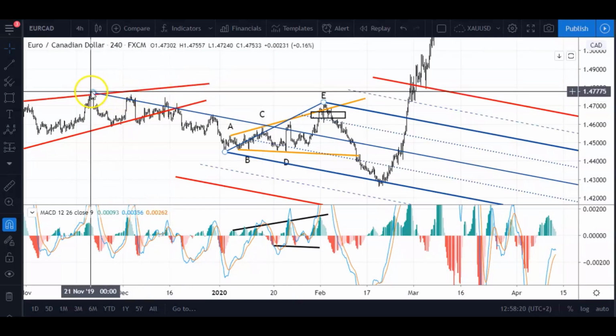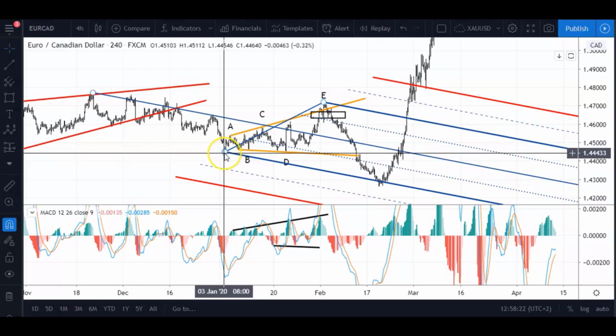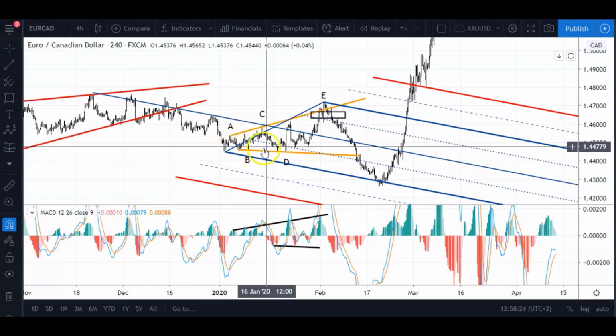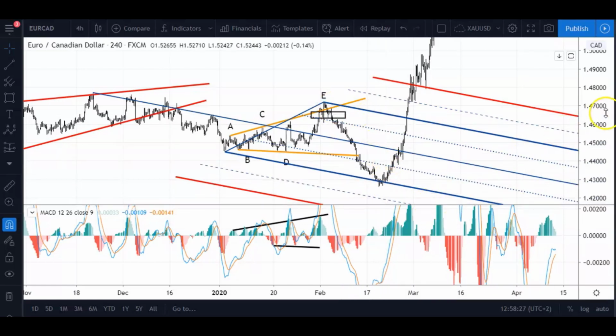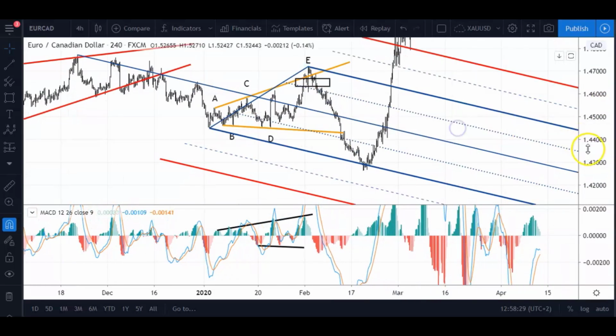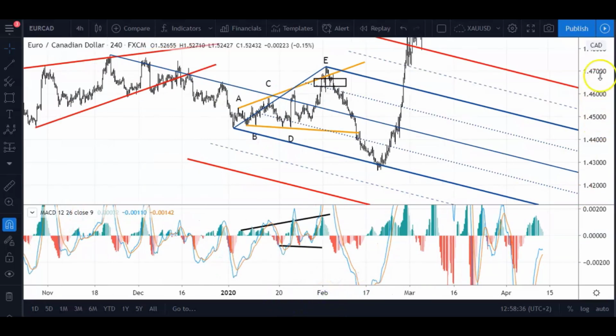In this case, a previous high followed to the origin of where your triangle started to the end of where you believe your triangle was, and then you can target these lower median lines or lower red warning lines, depending on what angle or slope you're using or setting you're using on your pitchforks.